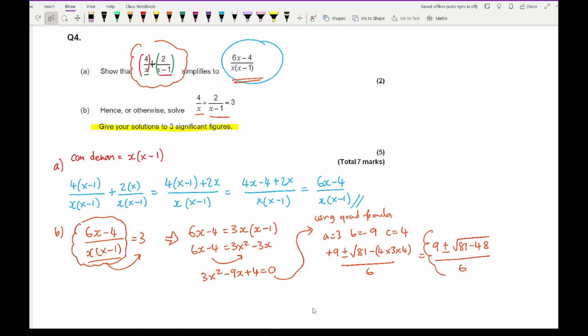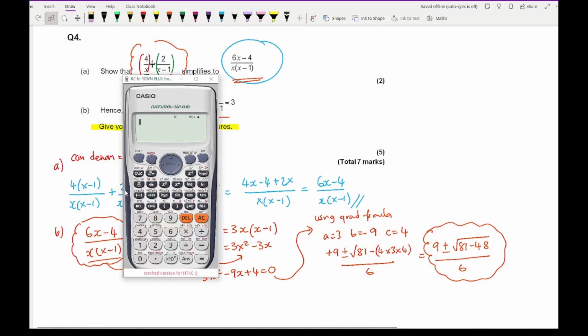And this is then what you want to type into your calculator. If you want to simplify 81 minus 48, that's fine, you get 33. But again, I'm just going to put it in a calculator. So I've got 9 minus the root of 81 minus 48, all divided by 6.